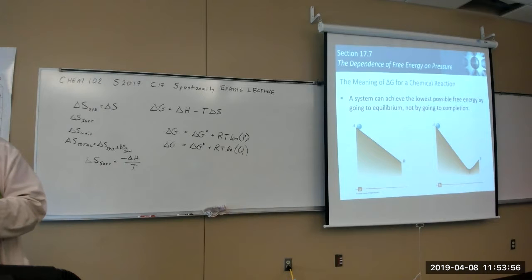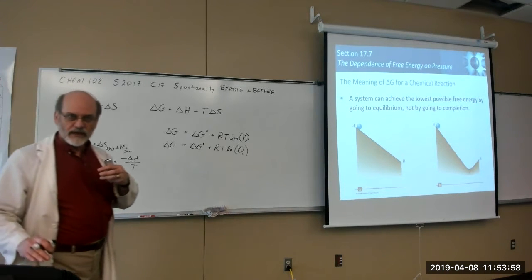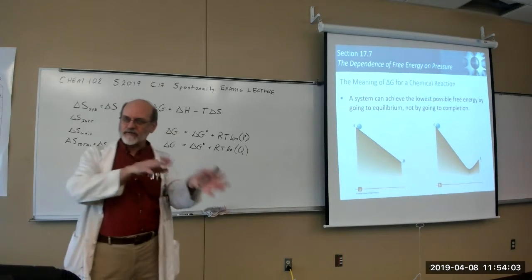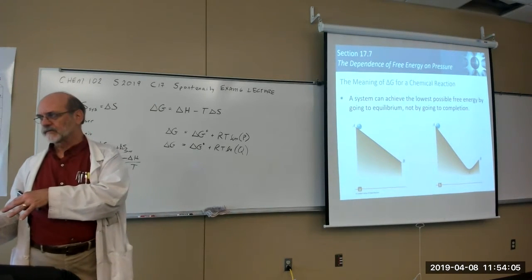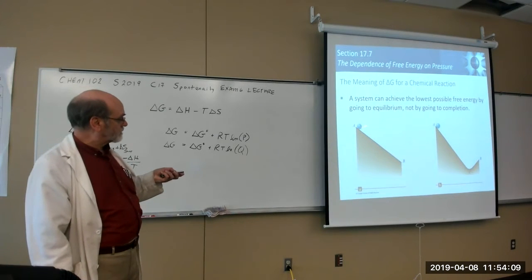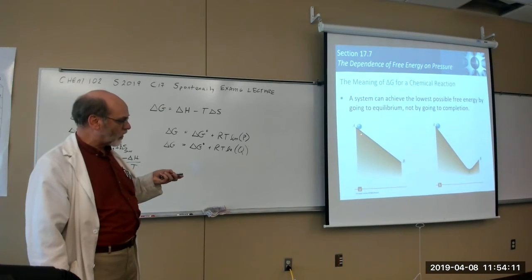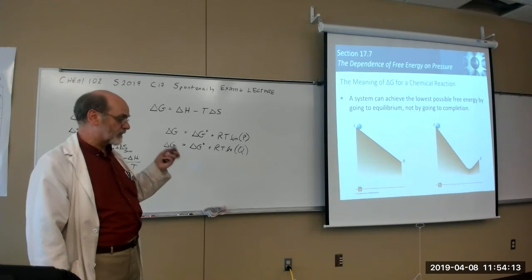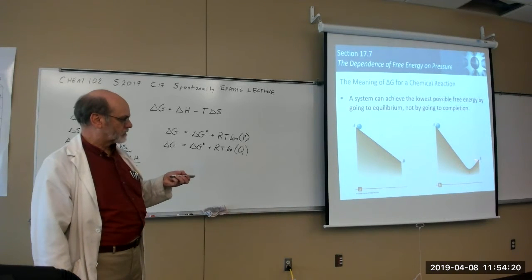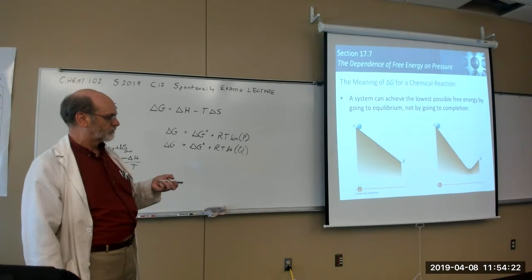Under equilibrium conditions, we have calculated where the reaction is. Does it favor products or reactants, right? And the delta G tells us that it's not going to necessarily go all the way to completion, although that does happen sometimes. But it will go to a minimum energy level. It'll fit in that trough.